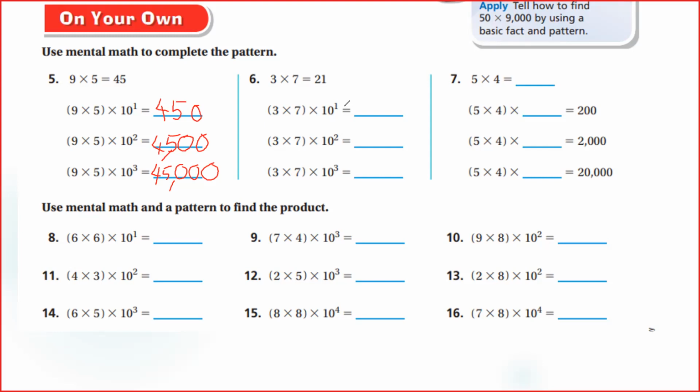Here, 3 times 7 is 21. 3 times 7 times 10. How many zeros do you have to add? 1 zero. Bravo. Then 3 times 7, 21. Bravo.